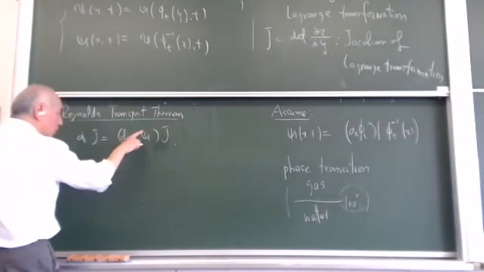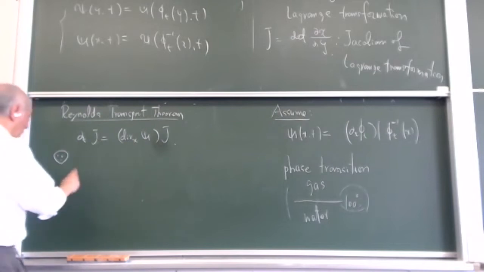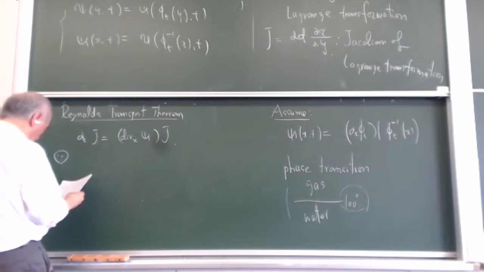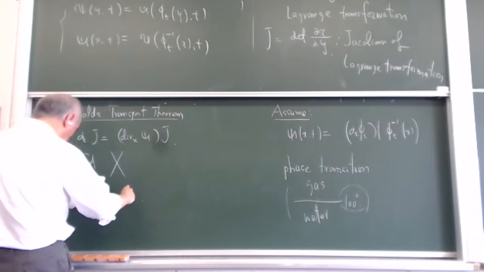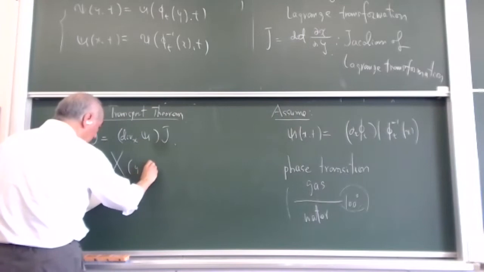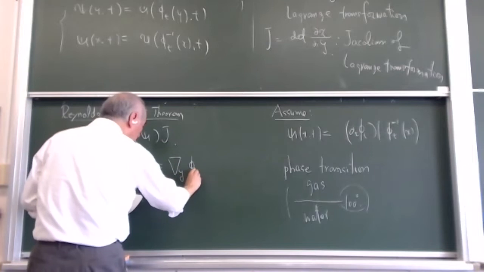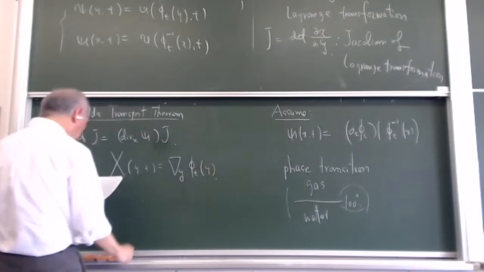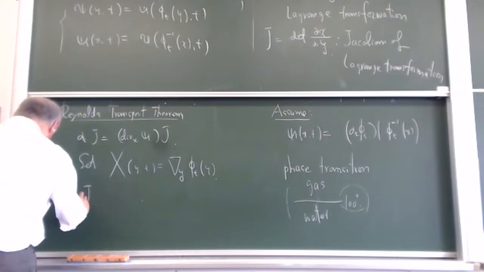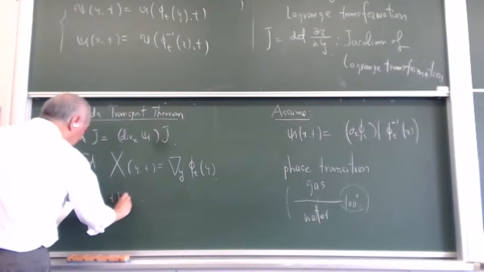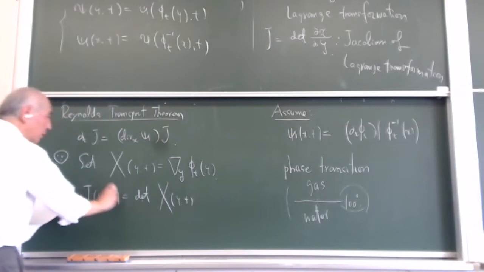There is the divergence of u equal to the divergence of x. Okay, anyway. Then J is this function.